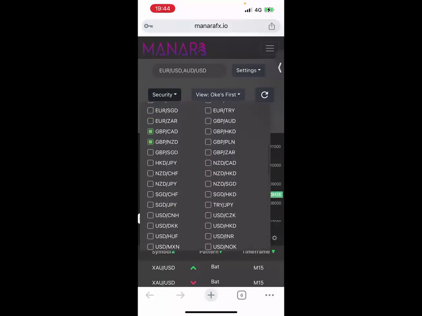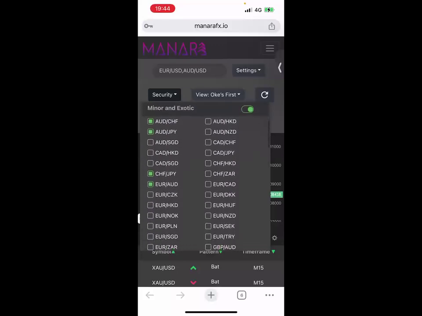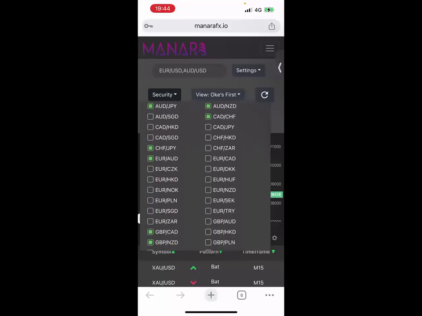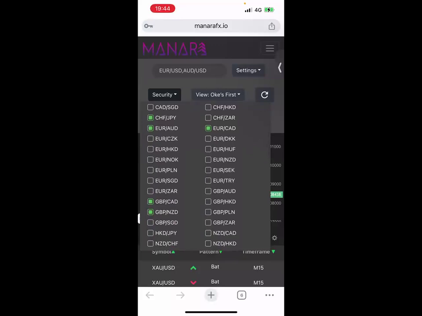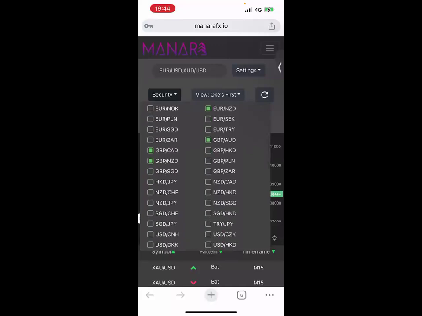We have 2 rows of pairs. In the second row: AUD NZD, CAD CHF, CAD JPY, Euro CAD, Euro NZD, GBP AUD, NZD CAD.